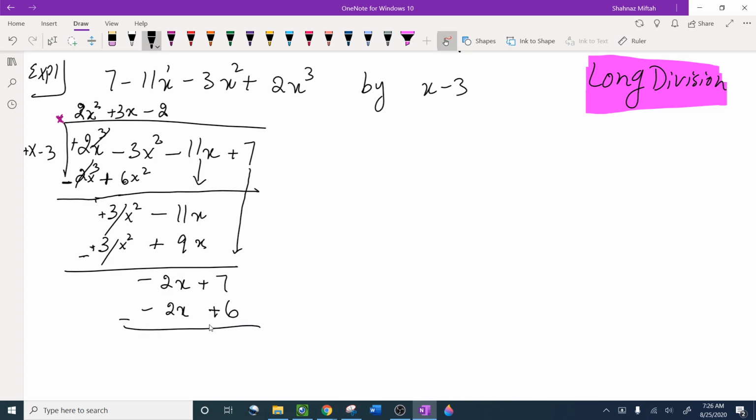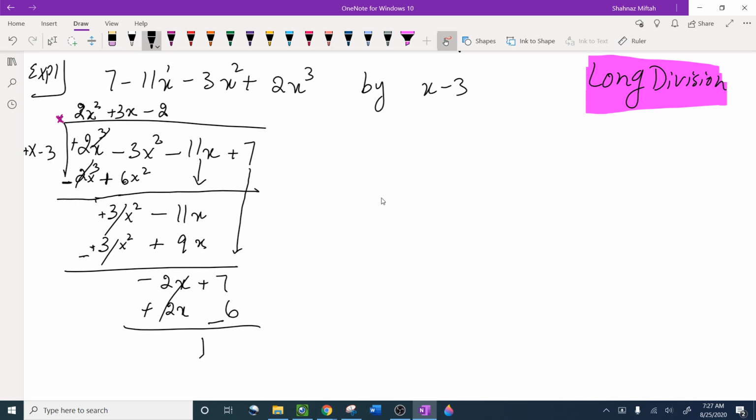You subtract again everything. These two turn positive, I erase that. I know these two turn negative. Positive times negative is negative. So I'm only going to erase that one, and here we go. They cancel, and I got 1 here. So this one is my remainder. Now I'm done with this whole thing.